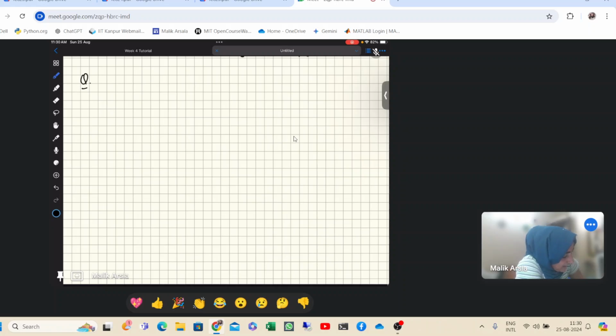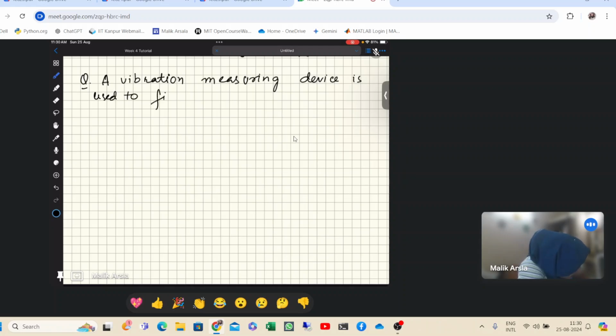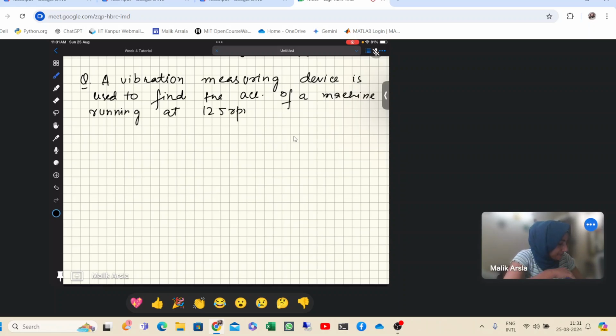Now, I'll write the question first for your reference. A vibration measuring device is used to find the acceleration of a machine running at 125 rpm.